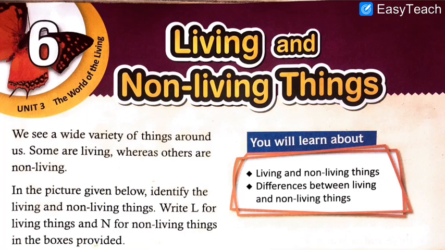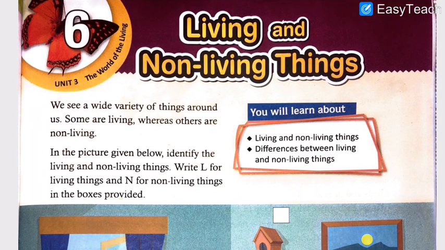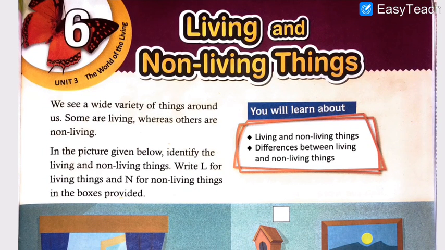My dear students, this is the textbook I have presented. Daily I present my textbook so that those who have not got the textbook yet will be able to study from this textbook on the screen.